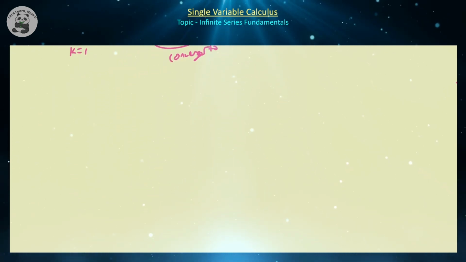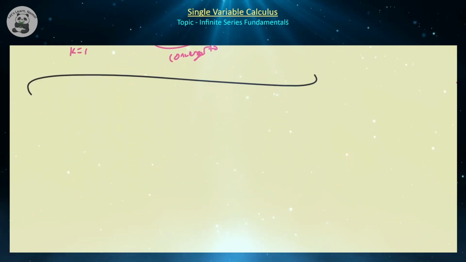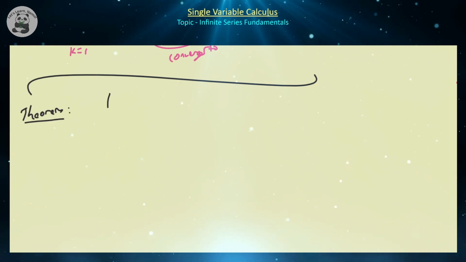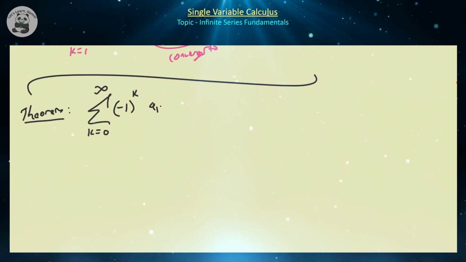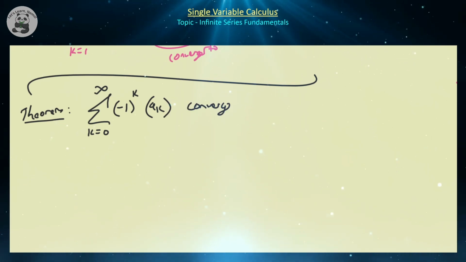So one can ask, if I have an arbitrary alternating infinite series, in particular one of the form the sum from k equals some finite number to infinity of negative 1 to the power of k of some sequence a_k, when does this converge?